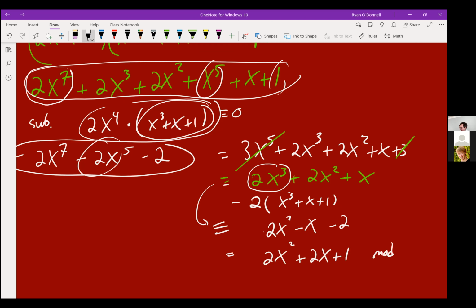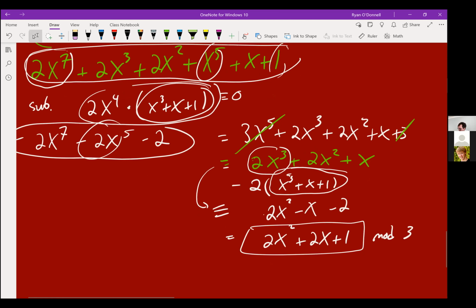And this is where I stop, because I did the coefficients mod 3 all along, and there's no longer any effective multiple of my p of x, x cubed plus x plus 1, that I could subtract from this to make it smaller in degree. Any multiple of x cubed plus x plus 1 is going to have a top term that's at least x cubed, and I already got this thing's degree below x cubed. So this is where I'll stop.